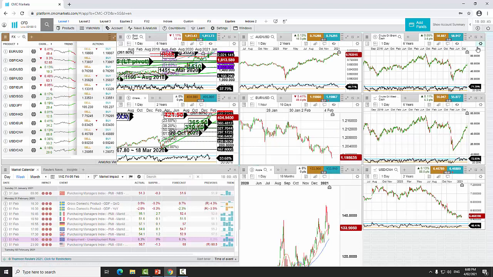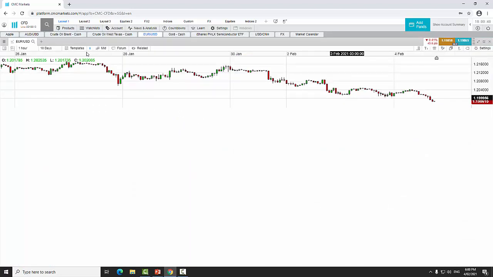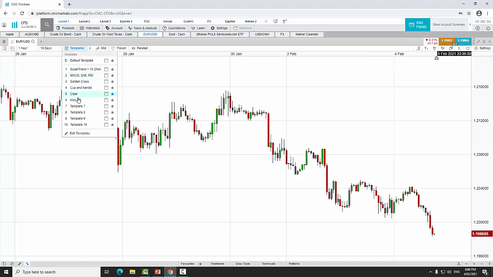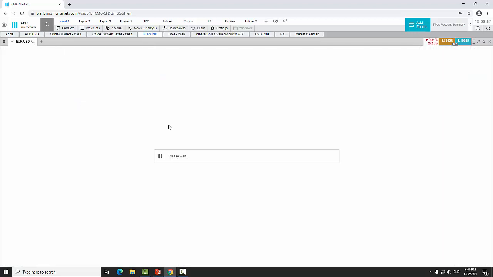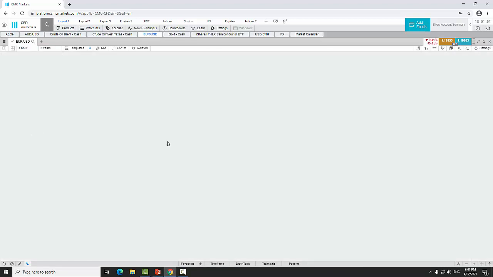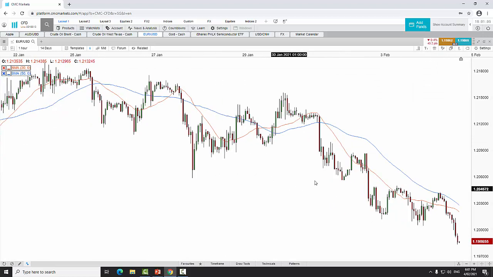All right, now let's do a trend identification on the euro dollar. Let's open up the moving average. Let me go to the short-term trend, which is the hourly chart. You can see that the red moving average will be the 20 period, meaning 20 hour, and the blue will be the 50 hour, because it's an hourly chart.